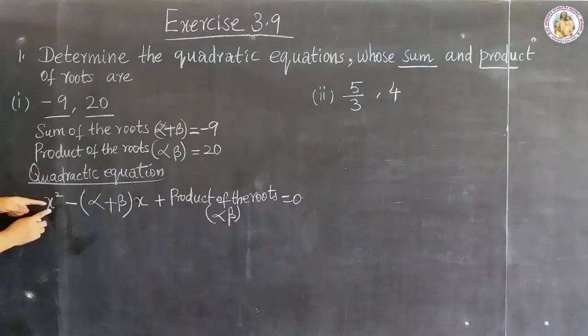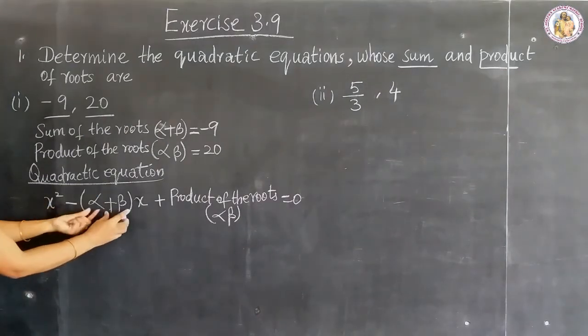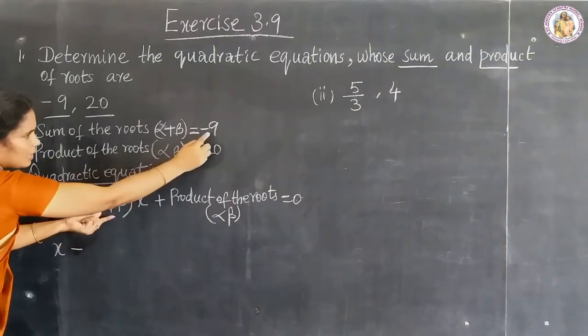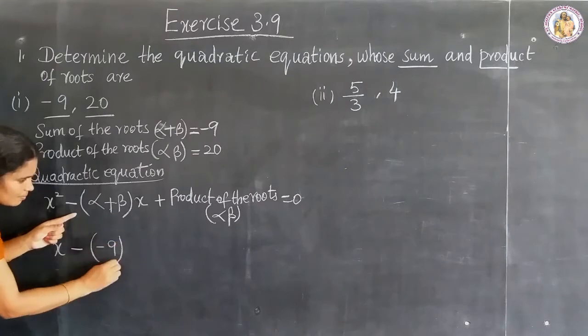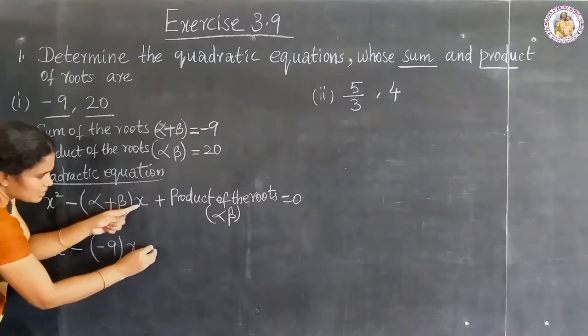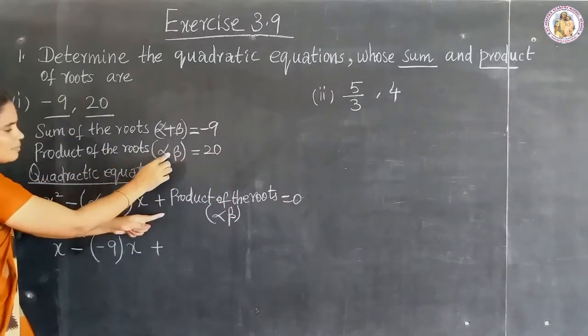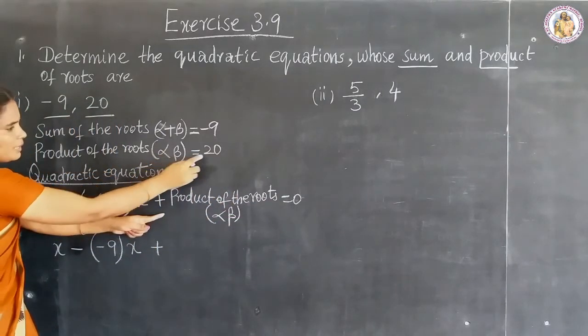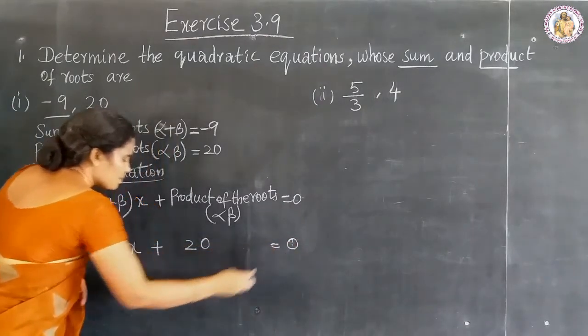So x square minus alpha plus beta, which is minus 9, into x plus the product of the roots, alpha into beta, which is 20, is equal to 0.